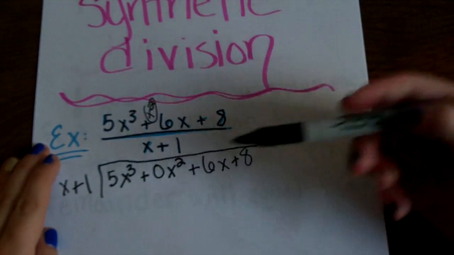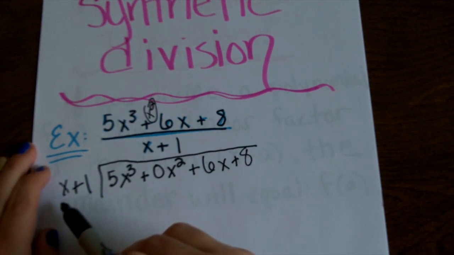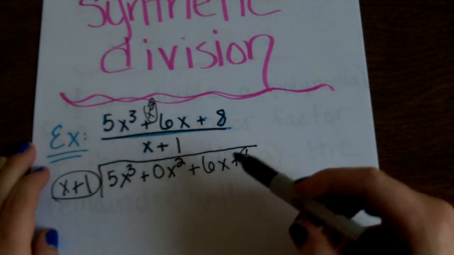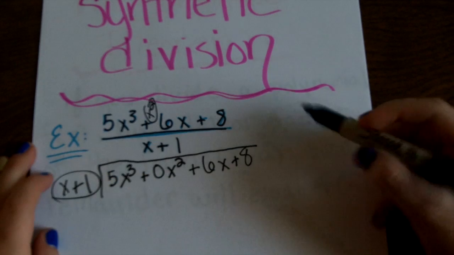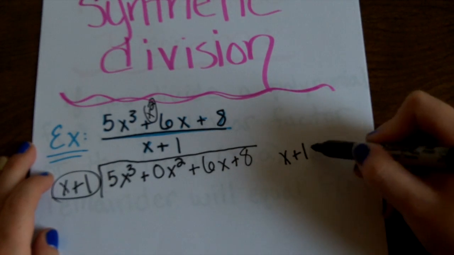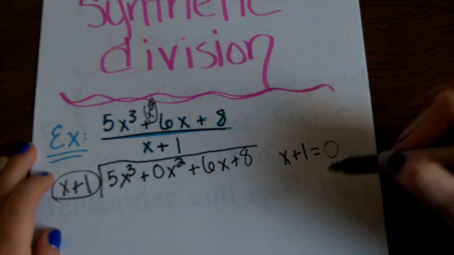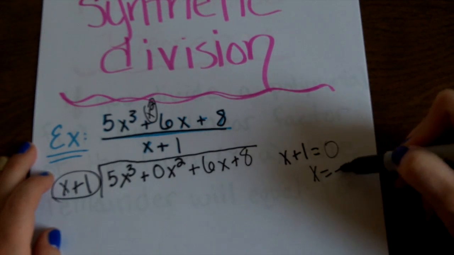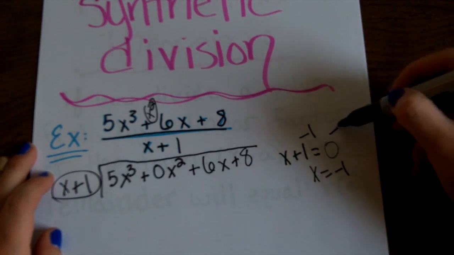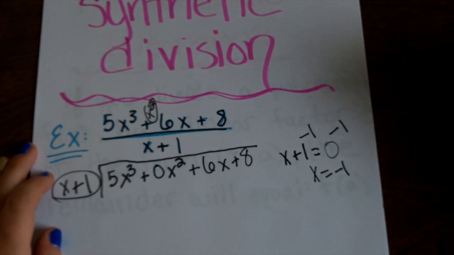Now, what we need to do is take the 0 out from this equation, so x plus 1 equals 0, then x will equal negative 1, because you're going to bring the negative 1 to each side.